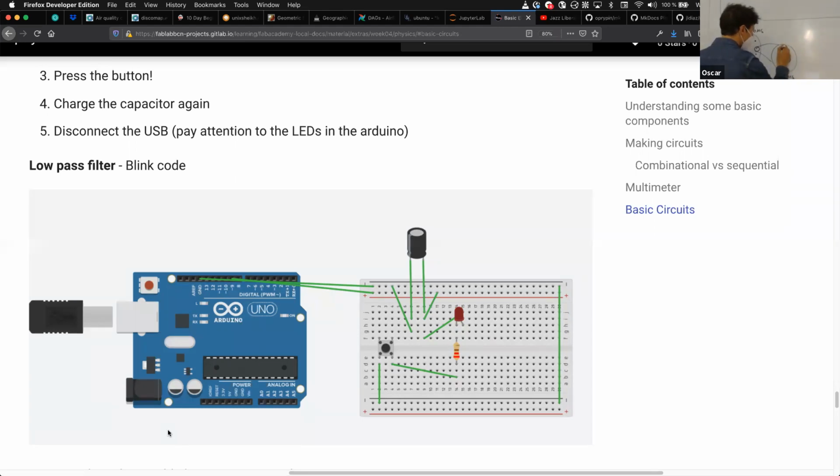So we have some particles here that we're going to call electrons. They are negative. So they have negative charge.